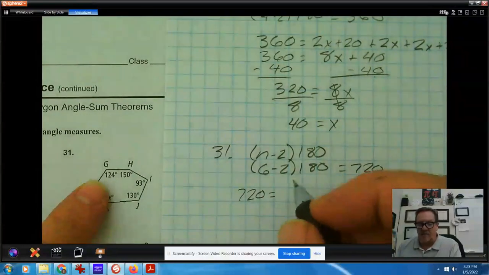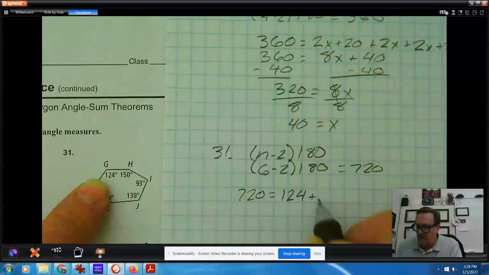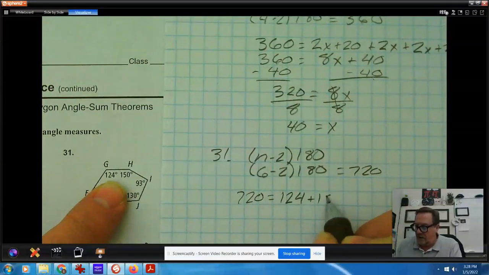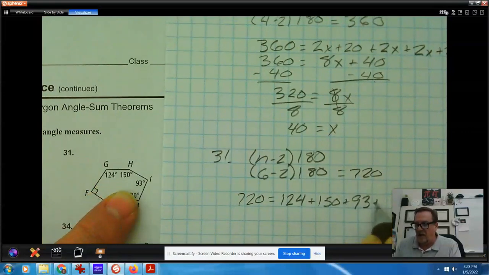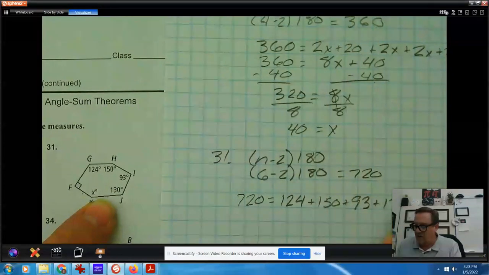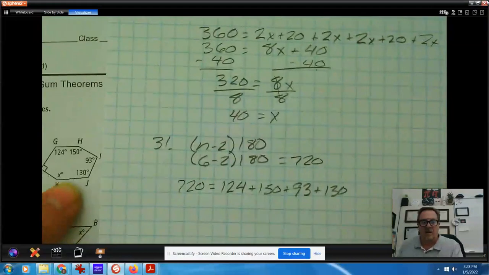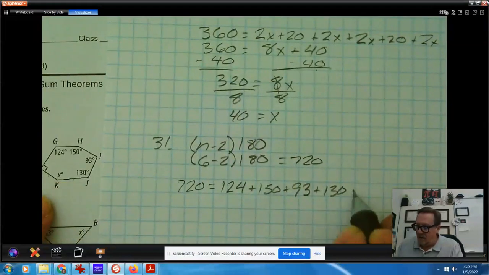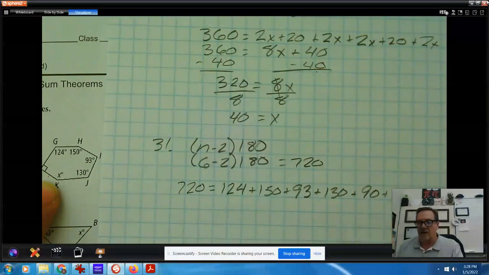I'll just start at the top up here, 124 plus 150. We're just going to add all these together, plus 93 plus 130. Slide that over a little bit so you can get these on here. Plus our x plus 90. I'm going to just switch these around and go plus 90 plus x, right?